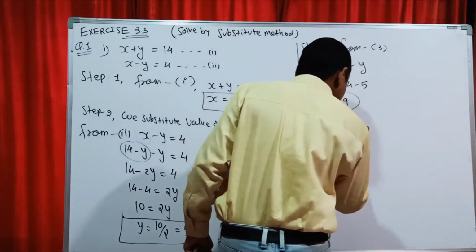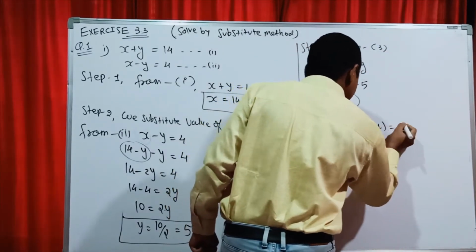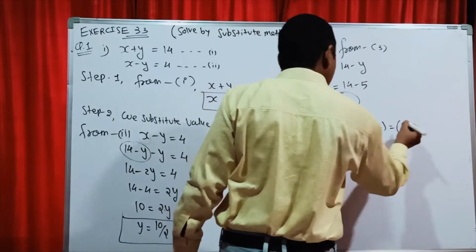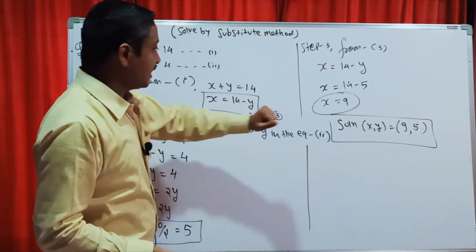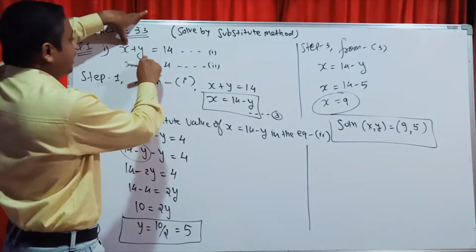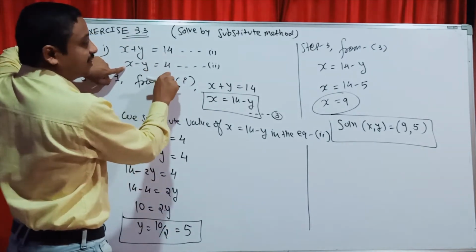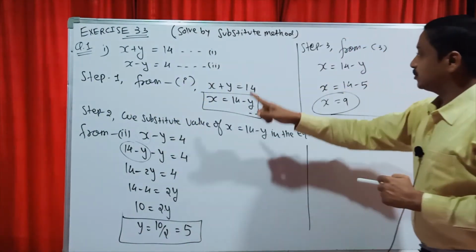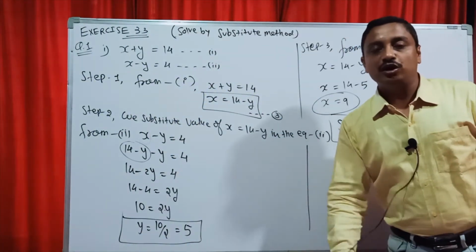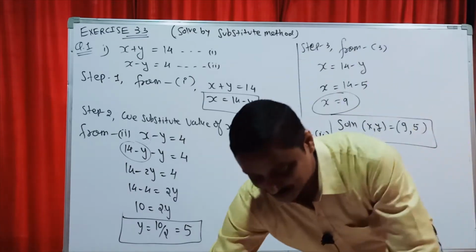So my solution x comma y, students, is 9 comma 5. You also verify whether this equation is true or not. Putting x as 9 and y as 5, it is 14, and 9 minus 5 gives my answer 4. And this full numerical, students, you get just 2 marks.